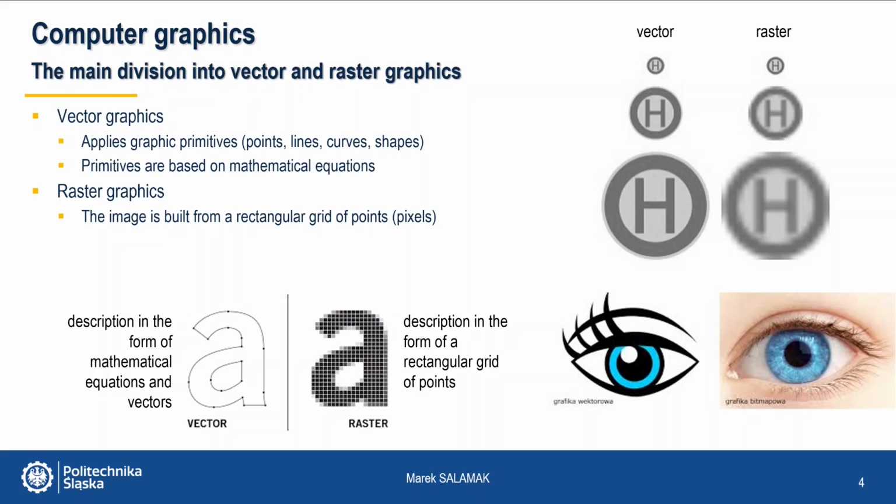Raster graphics. It is an image which is made of a rectangular grid, like a matrix, of closely spaced dots, so-called pixels. The main parameter, in the case of raster graphics, is the bitmap size in pixels, usually given as a rectangle's dimensions.